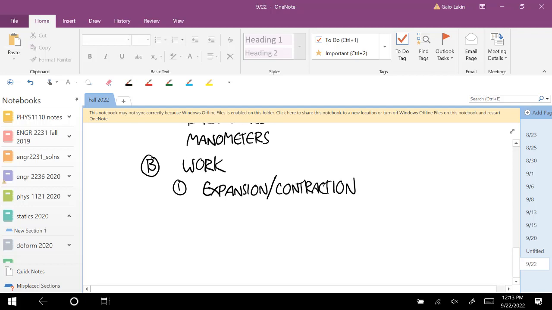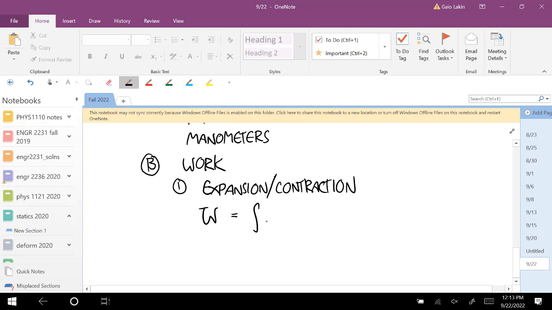And in that case, to calculate the work, it's equal to the integral from state 1 to state 2 of P dV.